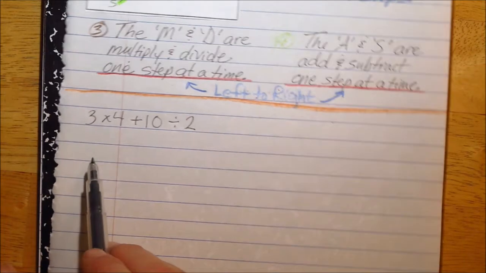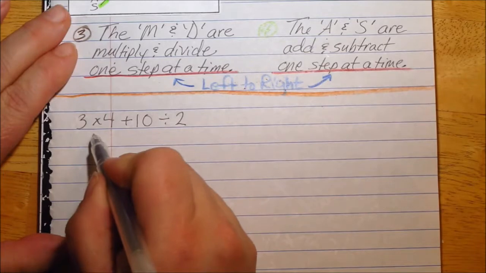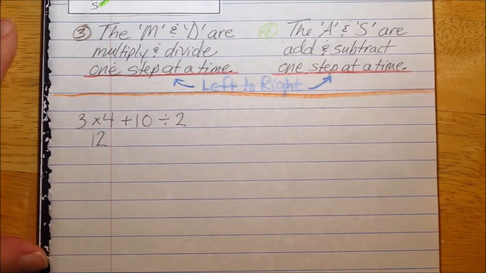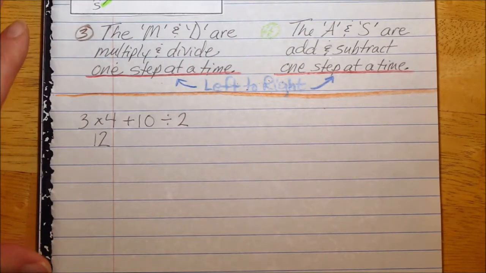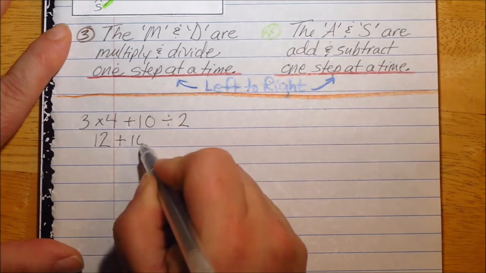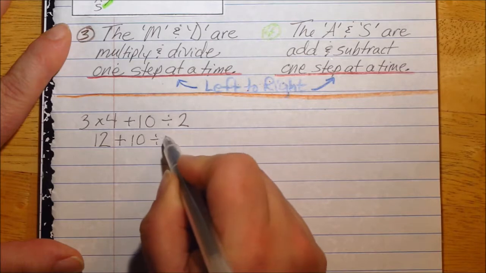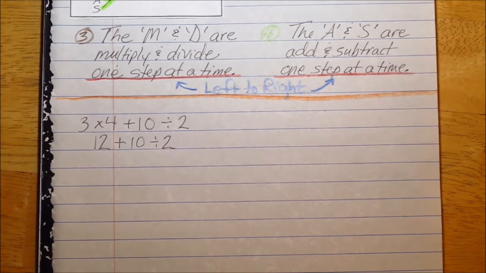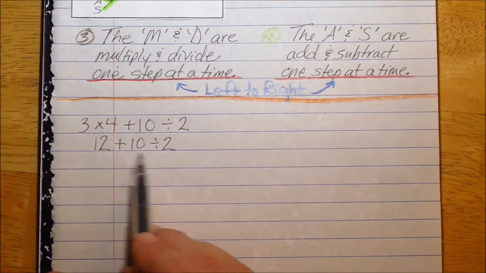3 times 4. Well, 3 times 4 is 12. So I'll write that 12 right underneath there. And then before I do anything else, I bring down the rest of the expression. That means copy down next to it the rest of the expression, just like that. Now, I have to reevaluate what I have left.